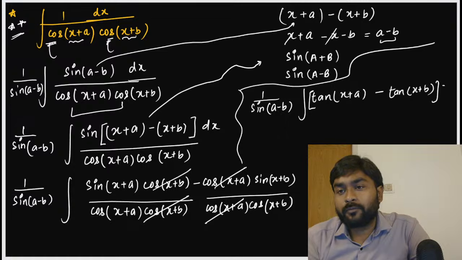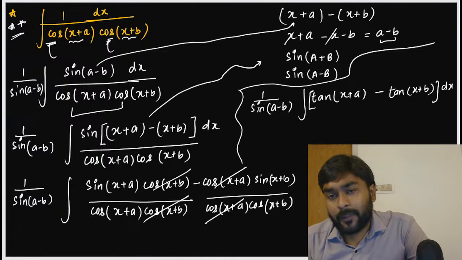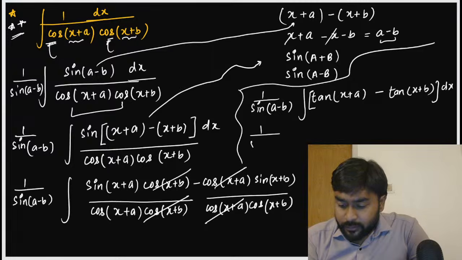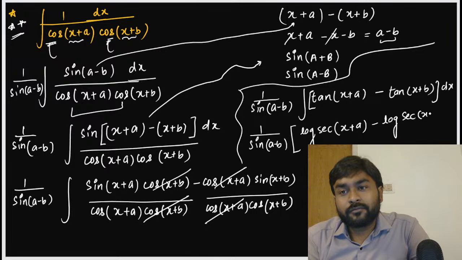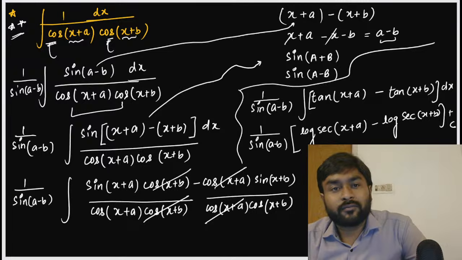The tan x formula is what? Log sec x. Correct? Log secant x. So sine a minus b as it is, and here log sec x plus a, and here you can write minus log sec x plus b, and plus c. That will be your answer.